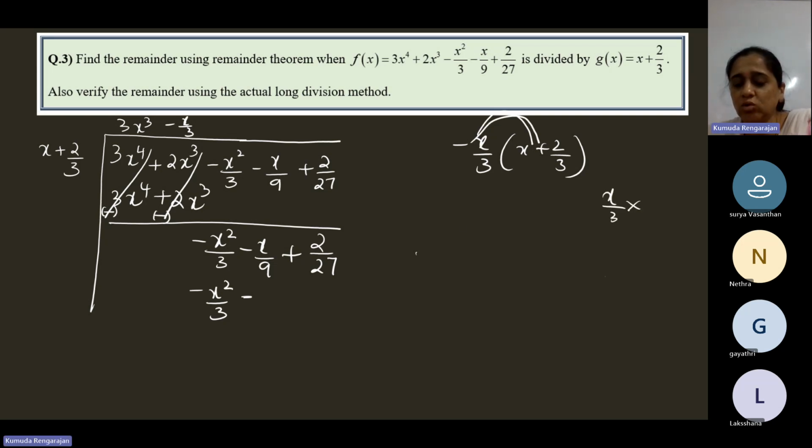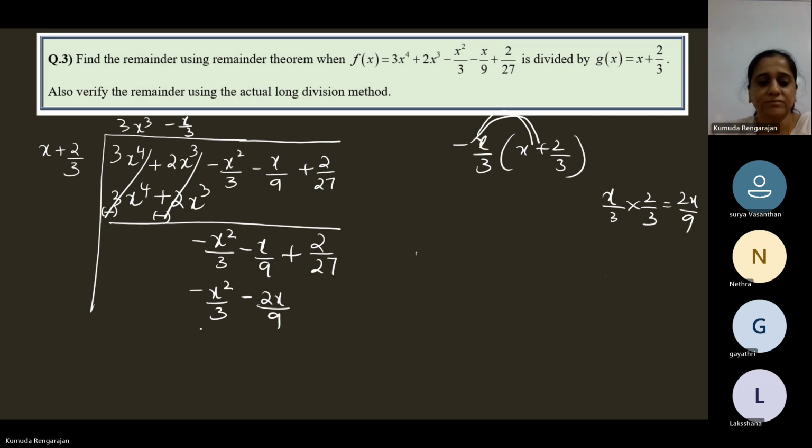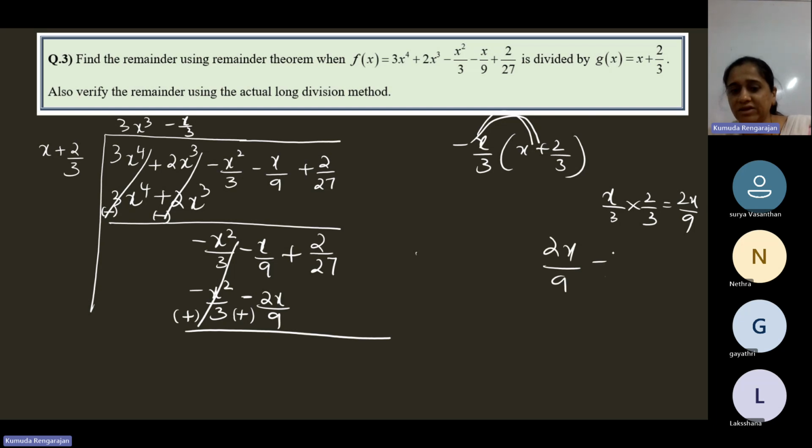What is x by 3 into 2 by 3? 2x by 9. So minus 2x by 9. Change the signs. So what is plus 2x by 9 minus x by 9? X by 9. And bring 2 by 27 down.